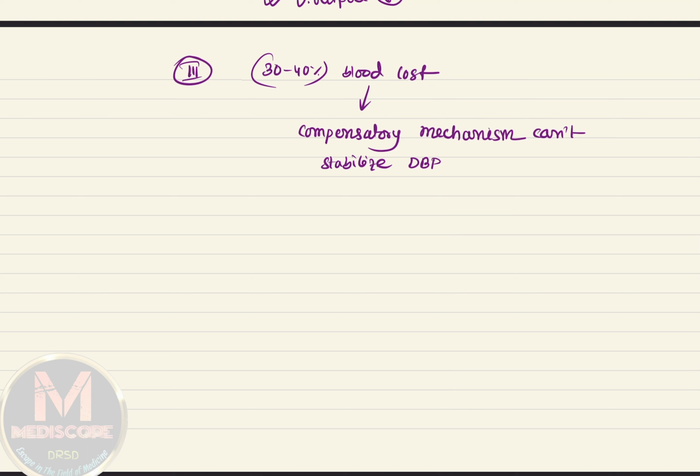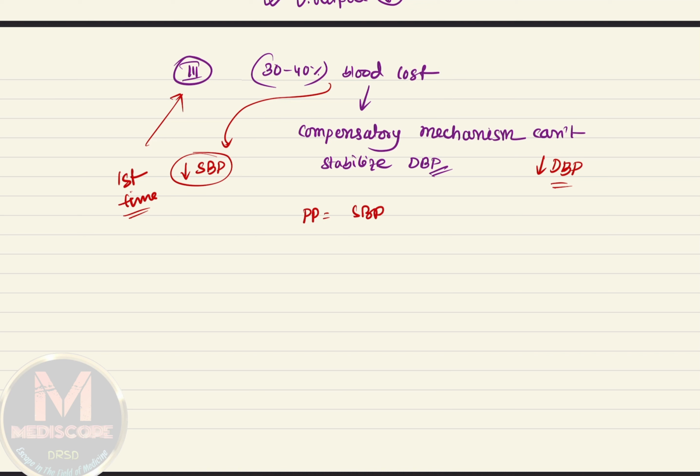The sympathetic stimulation cannot maintain the diastolic blood pressure because the volume is so low here, so the diastolic blood pressure eventually decreases. Because of so much hypovolemia, the systolic blood pressure is also decreased, and this is the first stage of hypovolemic shock where the systolic blood pressure is decreased. So the pulse pressure, which is systolic minus diastolic, is also now narrow.